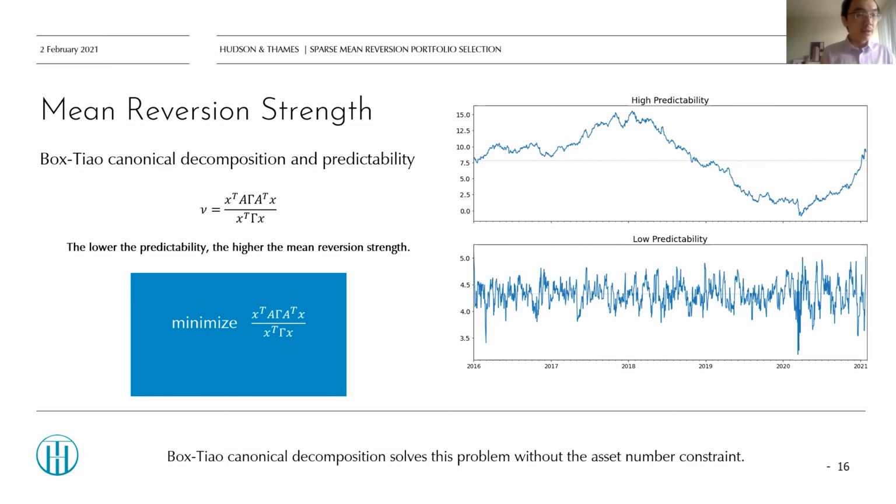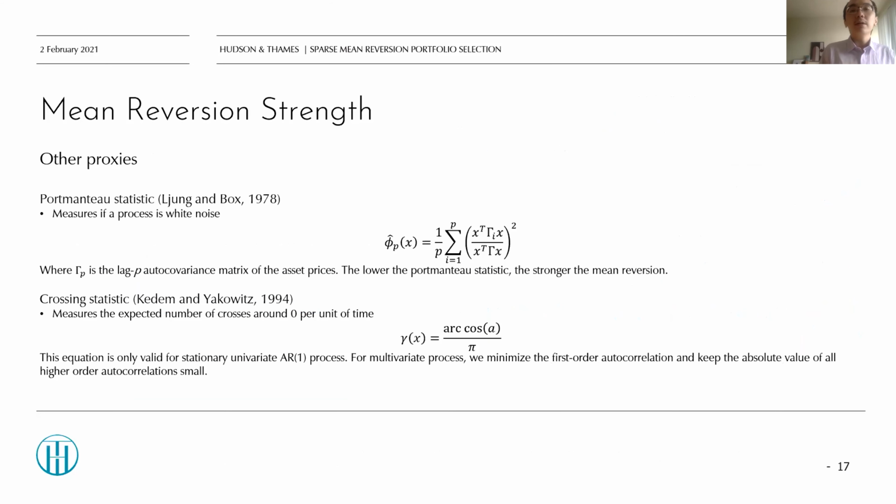After you solve the generalized eigenvalue problem, you can choose the minimal eigenvalue and use the corresponding eigenvector as your weight vector. Apart from the predictability, there are two other proxies that are worth mentioning.